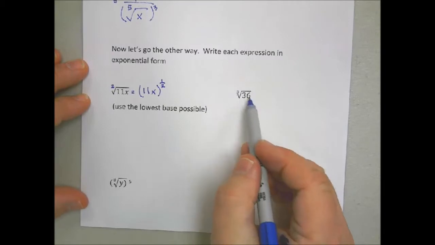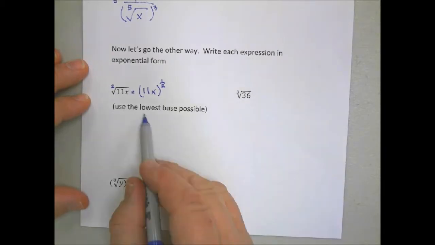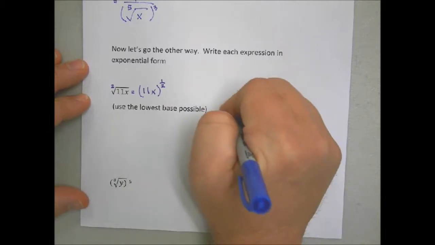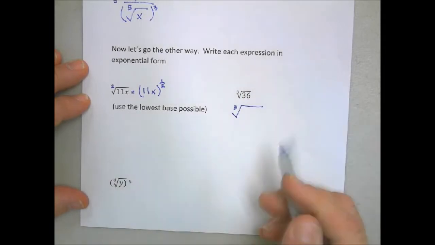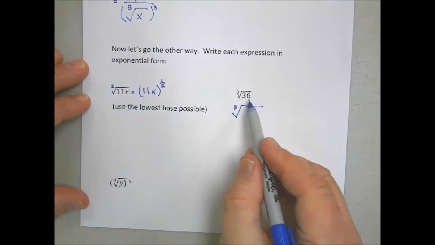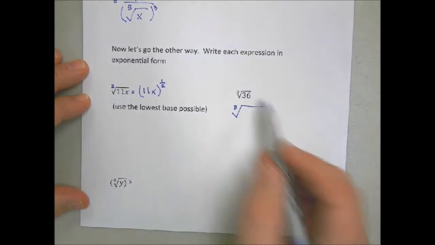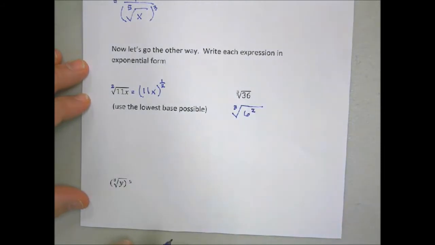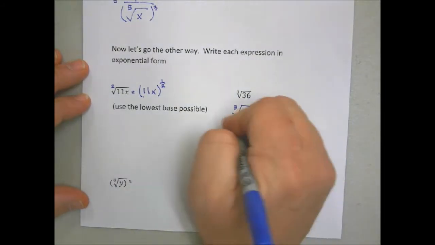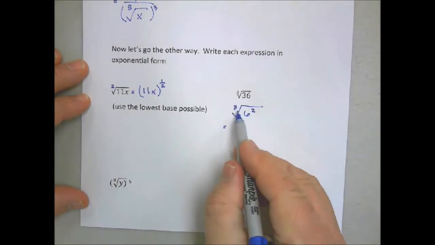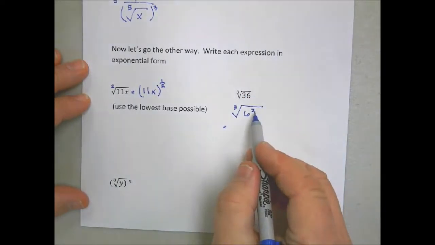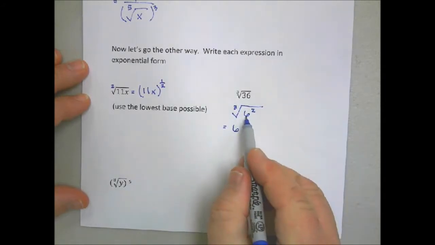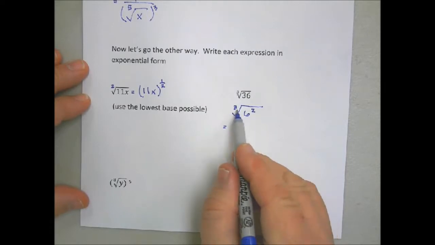Now on this one, the cube root of 36. The additional instruction is we're going to use the lowest base possible. So cube root of, now we know 36 is a nicer number when we're dealing with exponents. 36 is 6 squared. So that lets me turn this from radical form to exponential form. 6 is the base, and the power that 6 is being raised to is the 2/3 power.